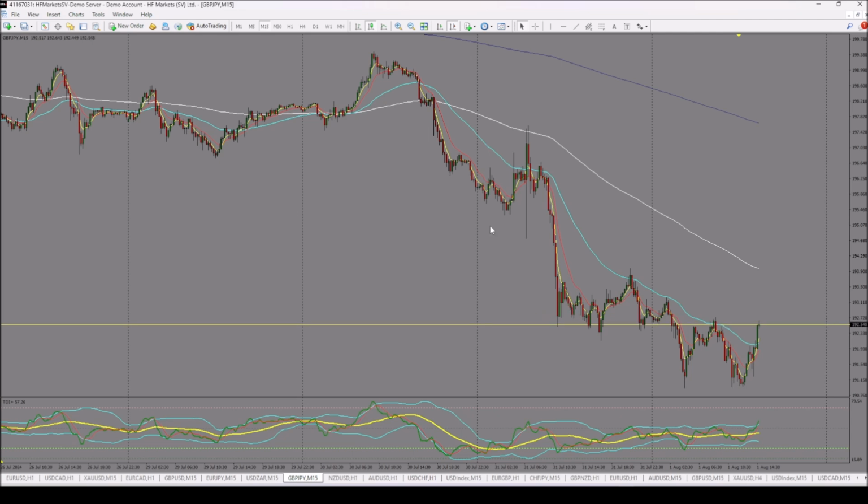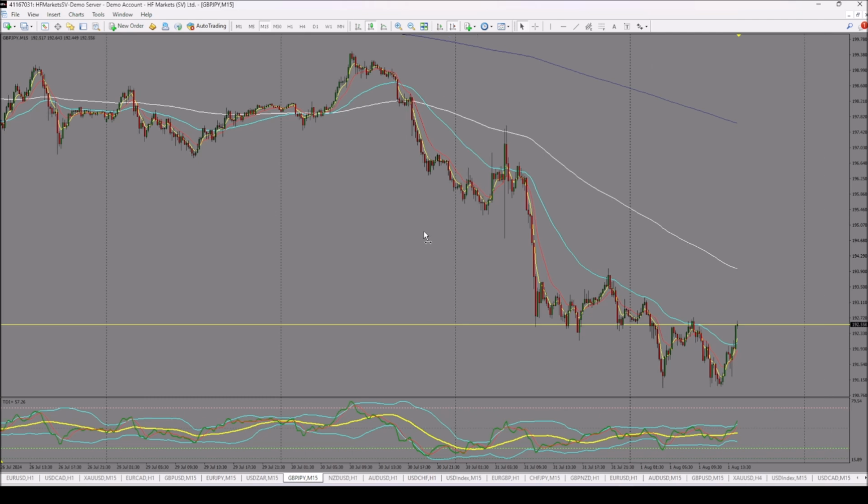All right, so the first thing that you are going to need is that the market is going to do one of two things. It's either going to give you what we call a reset, which probably is going to be difficult for a lot of people, but what we are going to require will be this crossover.